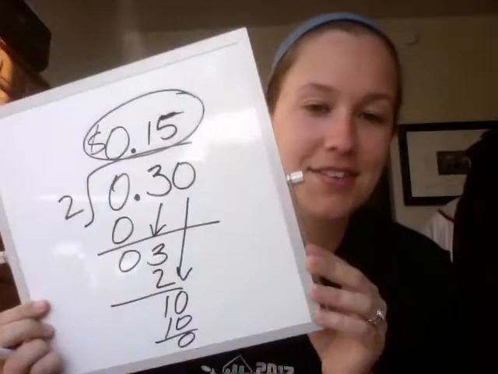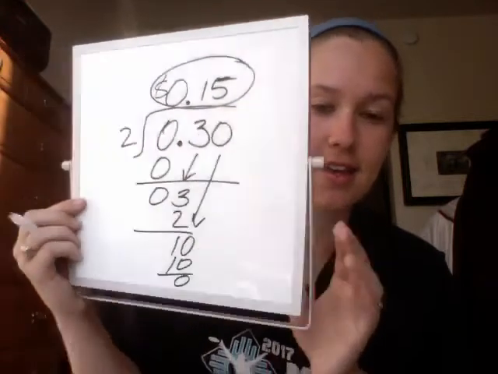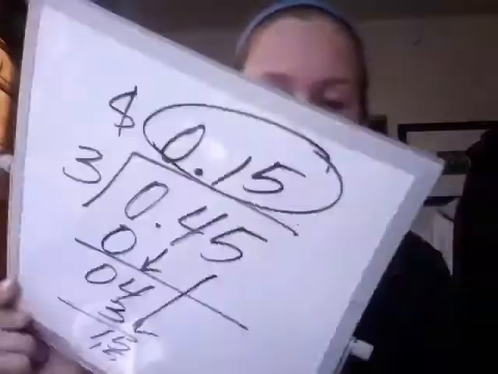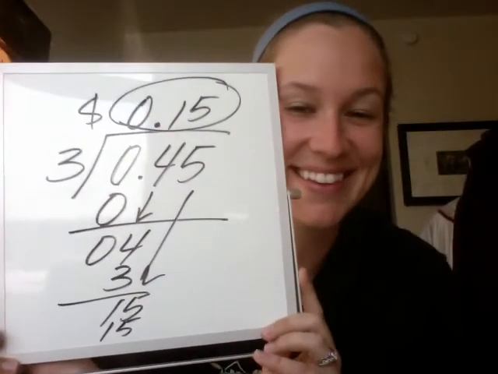I should put a dollar sign, label it. 15 cents. Now let's do B together. 45 cents divided by 3. Again, you may be able to do that in your head. Pause me if you need to. This one is also 15 cents.